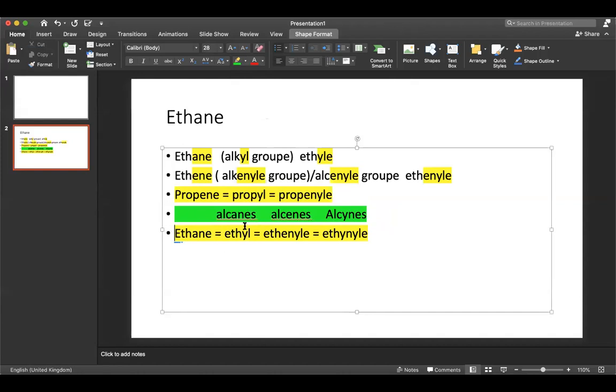The idea is you are just removing the suffixes and adding another suffix. Like this is ethane. When we are looking at its alkyl group, it's going to be with the YL terminaison. We can also put E for the French, so it can have the YLE terminaison. For the alkynes or alkenes, we remove the prefix and add this terminaison.